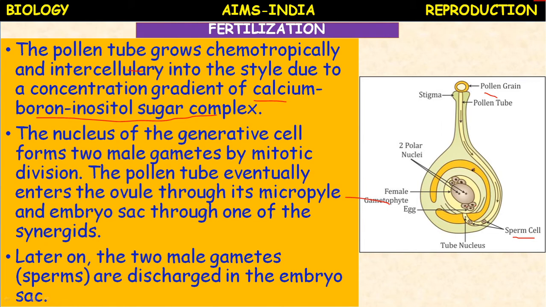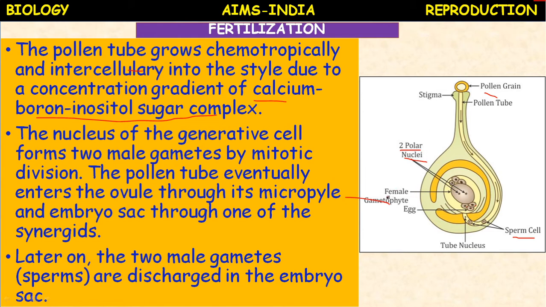This is the nucellus. This yellow color part is the nucellus, the tissue which protects the embryo sac. This is the embryo sac, consisting of 8 nuclei, out of which all are haploid except the egg cell, and the two polar nuclei are present in the secondary nucleus.